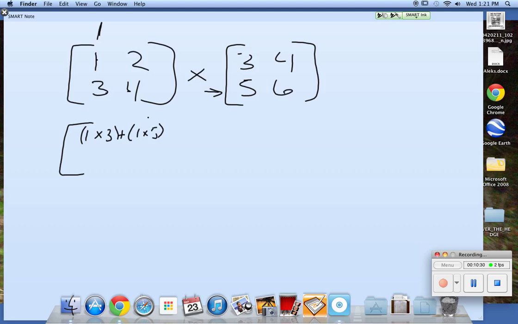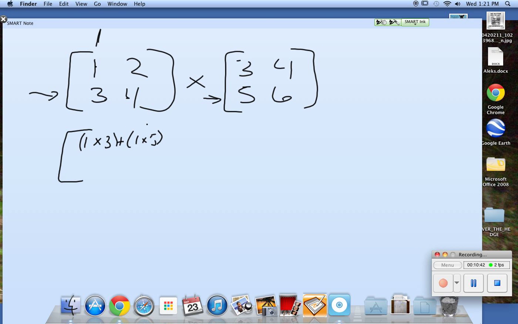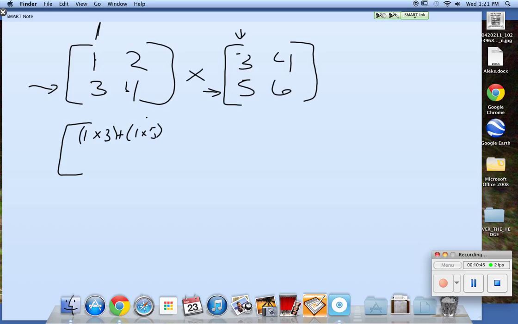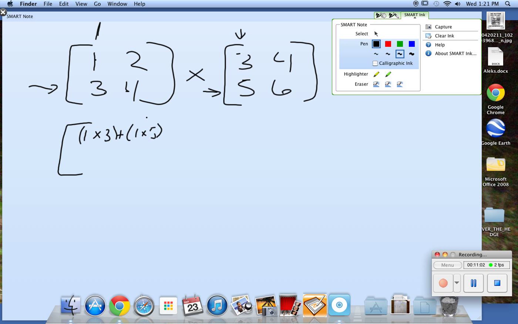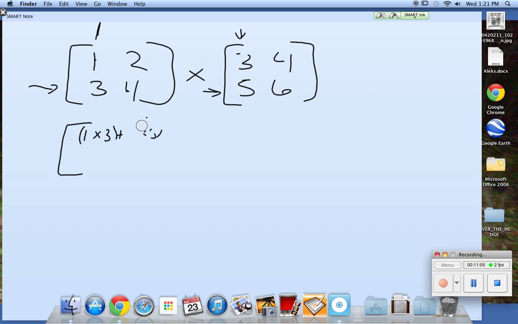Okay. So in this case here, we're going to multiply this row by this column right here. Well, hold on. I'll tell you, this stuff goofs me up too. Yeah, I do have this wrong right here.